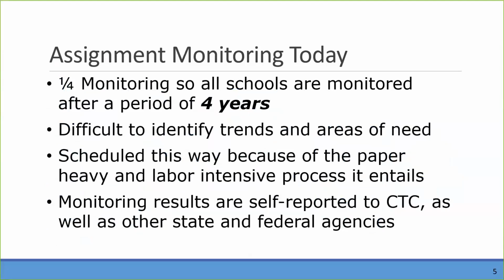It speaks to areas where we as a state have trouble understanding about authorization and assignment, like maybe at that core setting example that I gave where maybe there's some confusion. So there's different trends that you can see when you look at something annually that you can then address annually so that there can be improvements that you can't see when you're on 1/4 monitoring because you don't go back to that same school site until year 5.